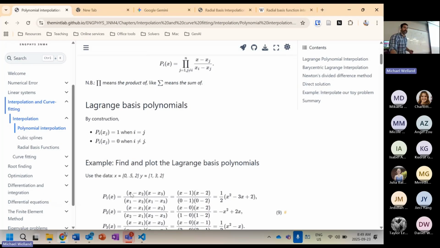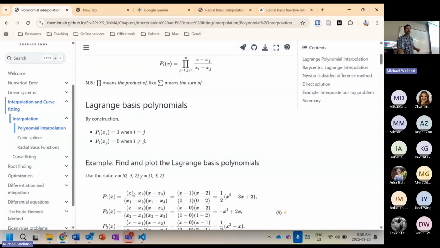So the first one is going to be x minus x2 times x minus x3, skipping the x minus x1 part. And on the bottom, we just have x1 minus x2 times x1 minus x3. Does that make sense how that's constructed? It's kind of a wonky format, but you put it into your algorithm, and it evaluates without a problem, because that's what computers do.